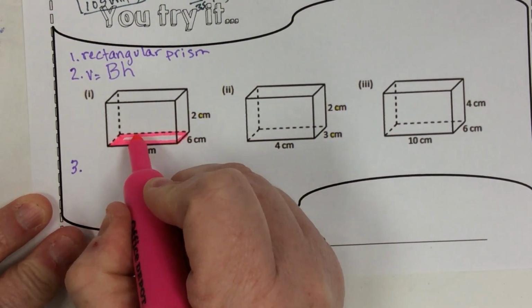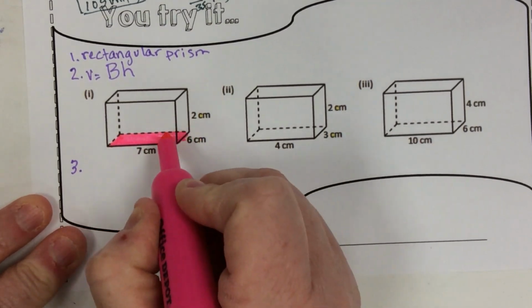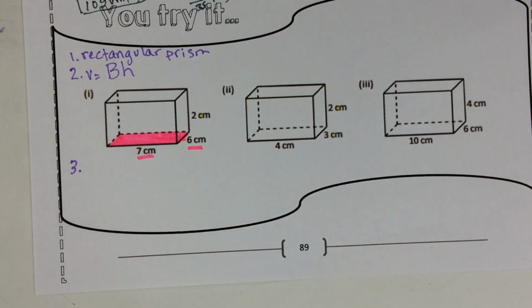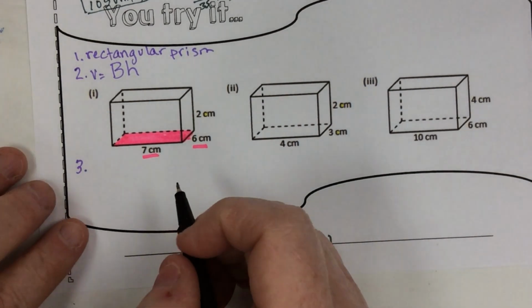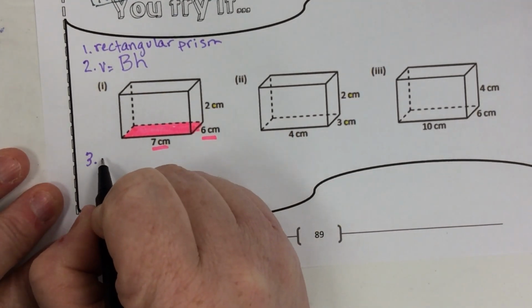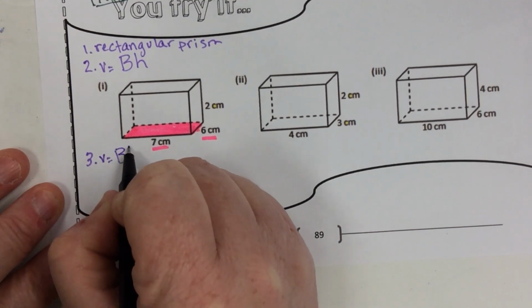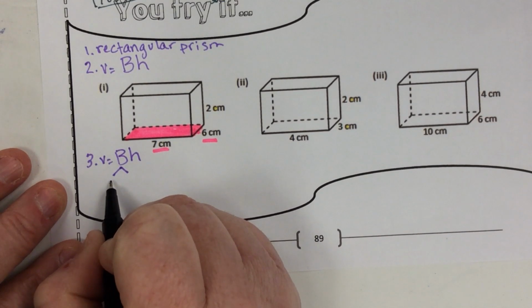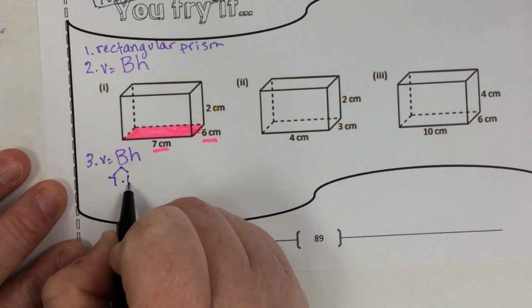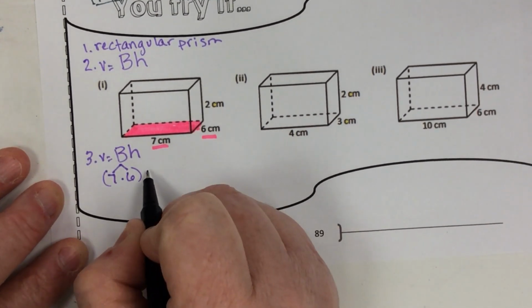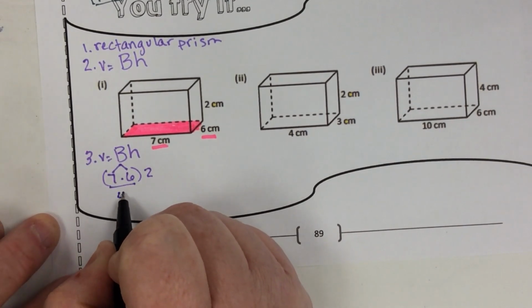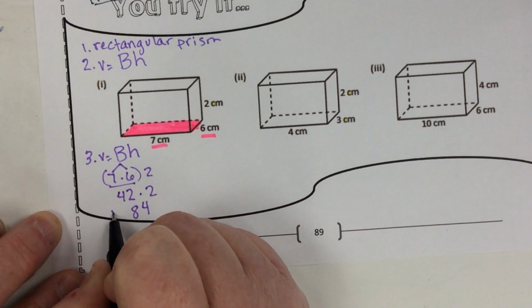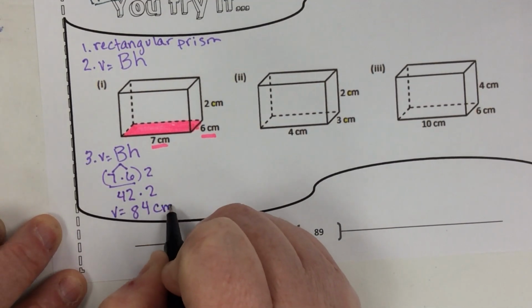I have a rectangle here, and the length and width of my rectangle, or my base, are 7 and 6. Even though in elementary we learned length times width times height, we're still going to write it big B times H. My base is 7 times 6, and then my height is 2. So 7 times 6 is 42, times 2 is 84 cubic centimeters.